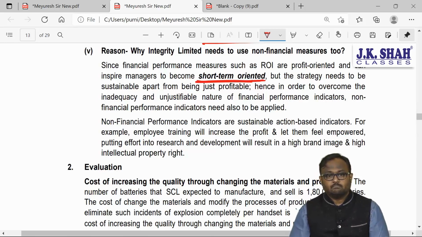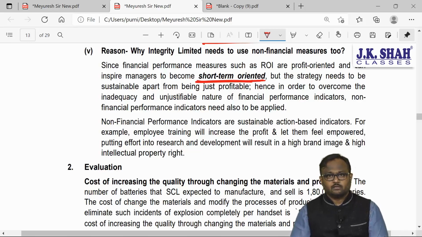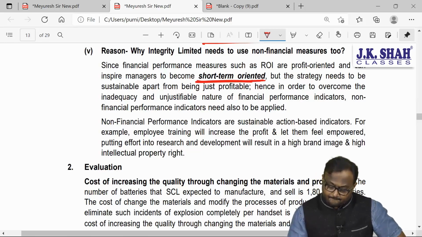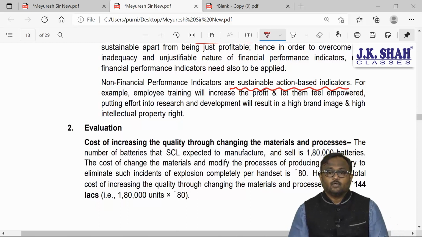So inadequacy and unjustifiable nature of financial performance indicators, non-financial performance indicators, they both generate quite a useful data. I'll tell you what I'm talking about. Here, you get sustainable action-based indicators.